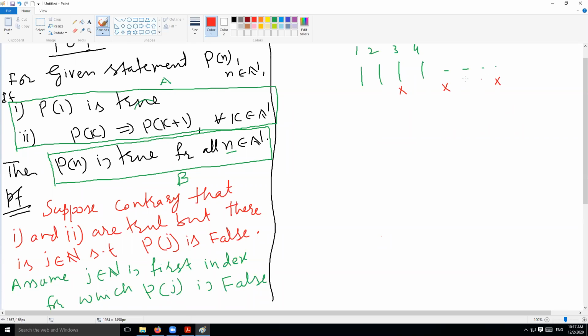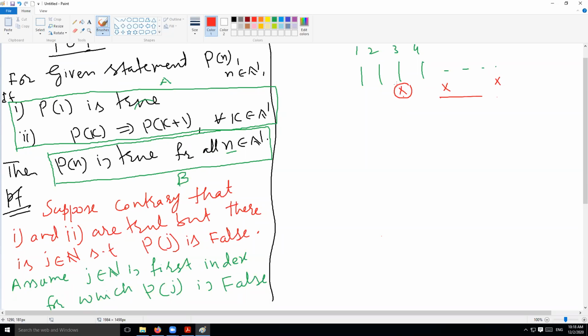So out of all these statements, I'm taking the first statement which is not true. There can be a lot of statements afterwards for which P of n is not true, but out of all these, I'm only taking the first one which is not true.